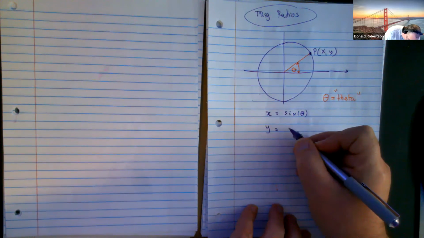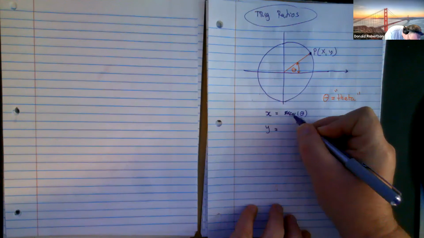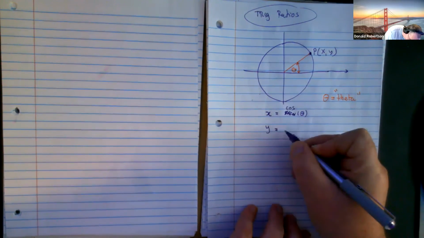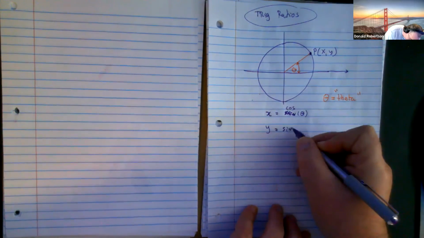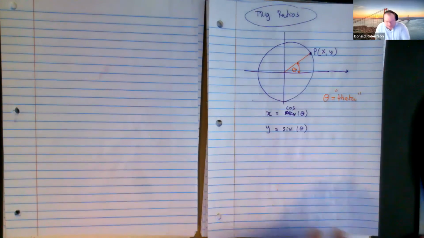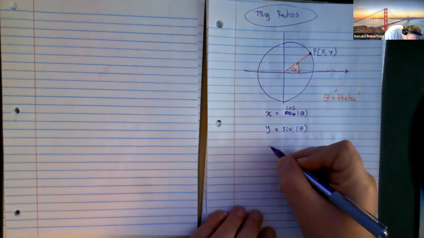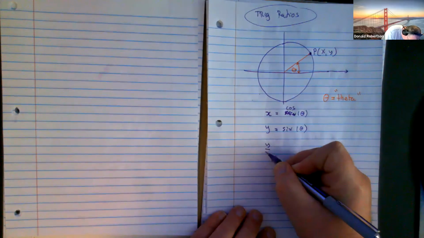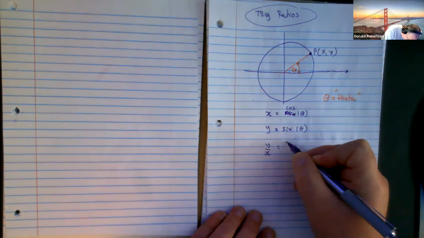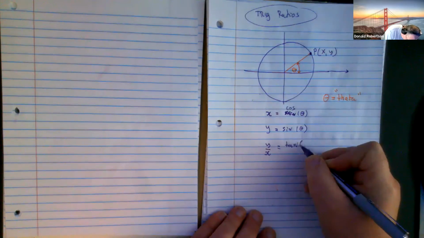And the Y coordinate then, there we go, got it right way down there. X is the cosine of theta, Y is the sine of theta. If you take Y and divide it by X, you'll get the tangent of theta.